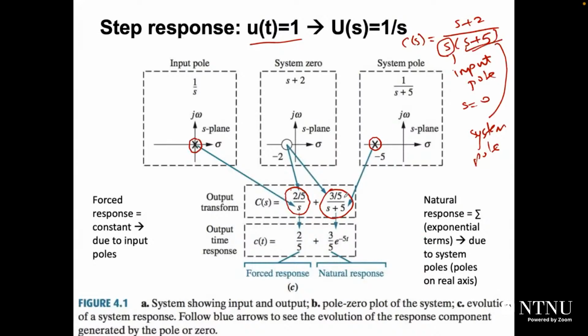The one generated by the system pole will decay because this is a natural component, connected with the dynamics. But the one generated by the input pole is because of the input, so it will generate the forced component. This one will generate the natural response, or unforced response.